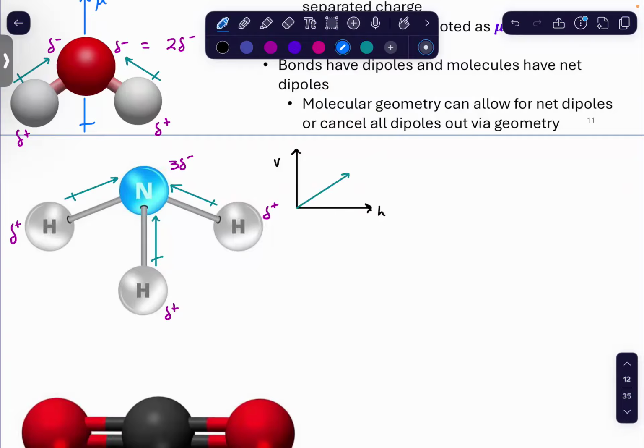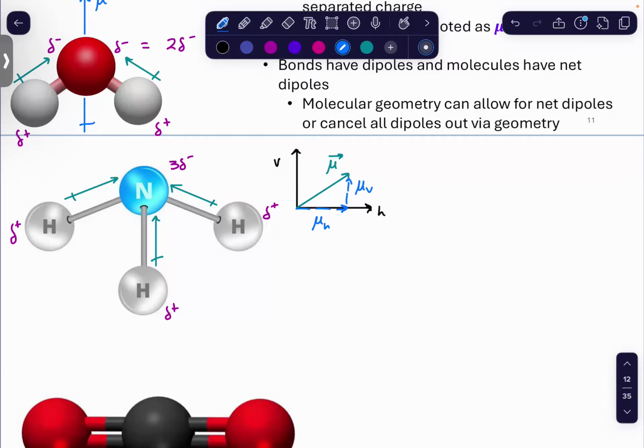Now, what this means is that this vector is going to have components in the horizontal. It's going to have components in the vertical. And so let's deal with the horizontal first. If you find vectors pointing equally in different directions in a perfect symmetry, they're all going to cancel each other out.